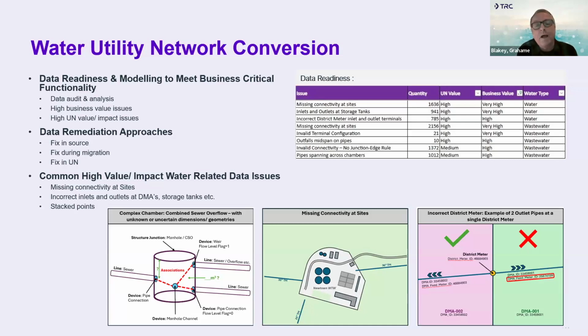And one thing I would also highlight here is for these kind of fixes and these kind of edits you're making to your network data, just remember to plan for these as you make these edits and you migrate to the UN. Ben mentioned DevOps earlier about that route to live. In resolving missing data issues like this, for example, you are likely to be adding to your pipe assets.